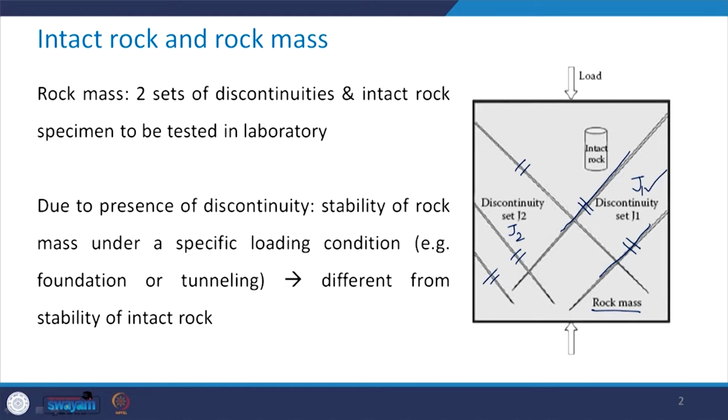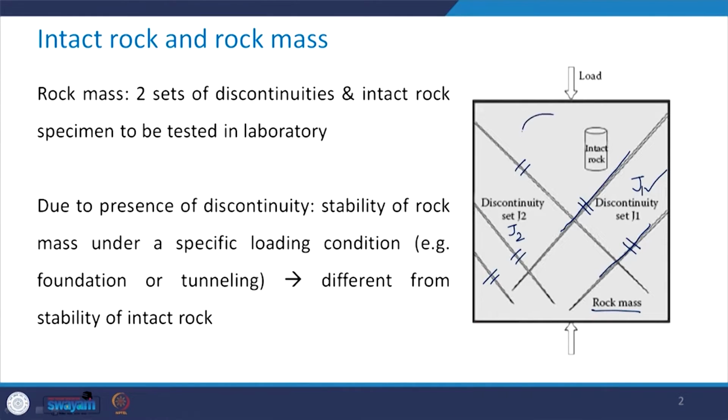And I mentioned to you in the previous class, as we keep on reducing the sample size, the most heterogeneous rock can behave as an isotropic and homogeneous rock and intact rock. So if I take out the specimen from this portion, so whatever will be that specimen, that will be of intact rock.